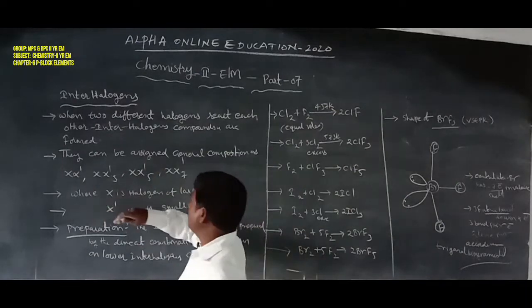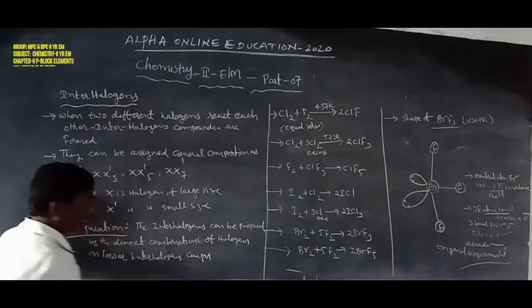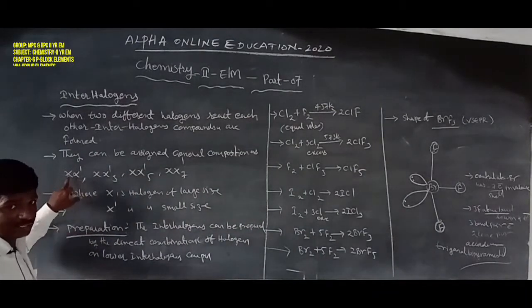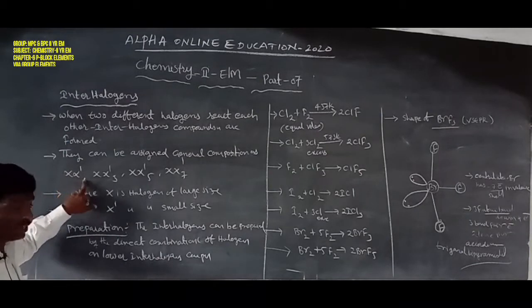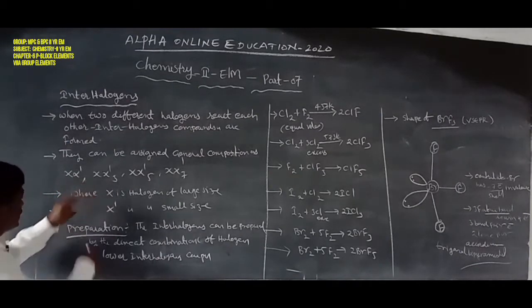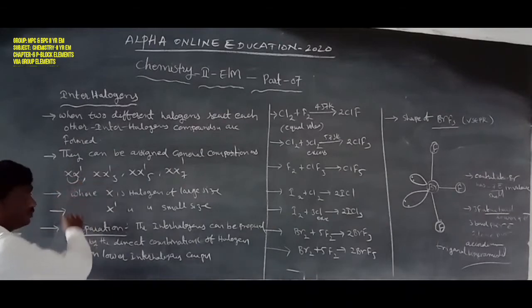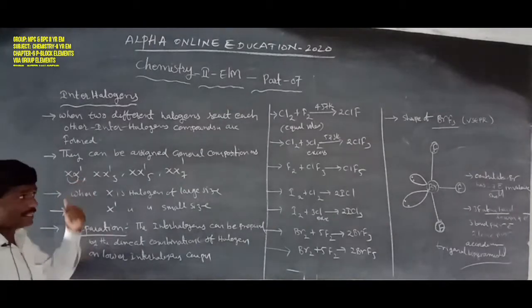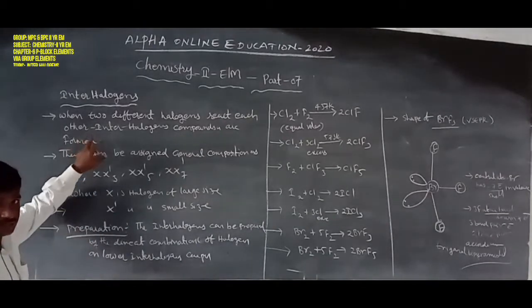For example, here X is a halogen element and X dash is also a halogen element. These two combine with each other to form an interhalogen.